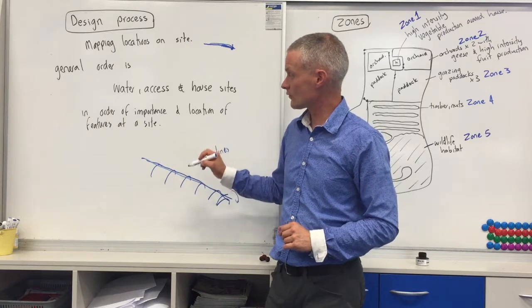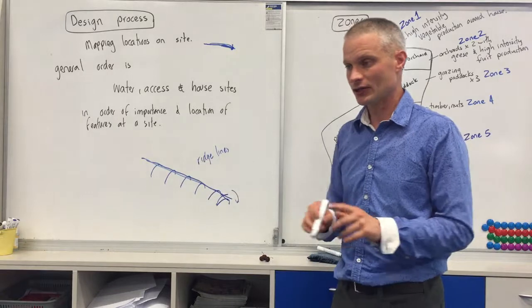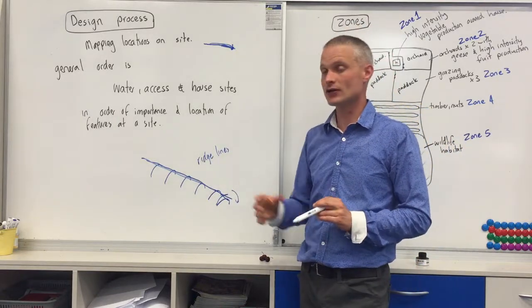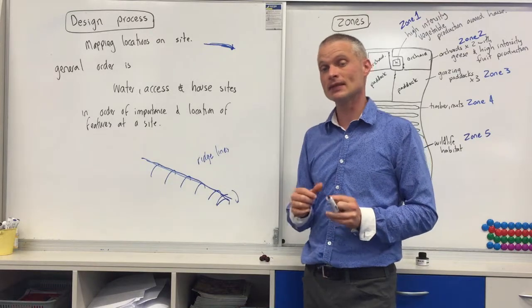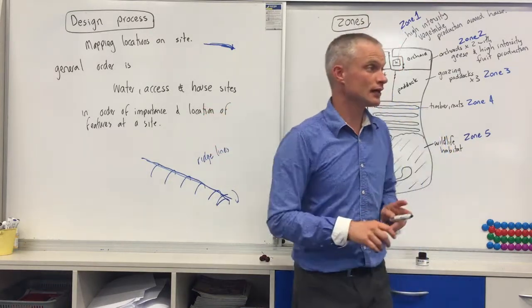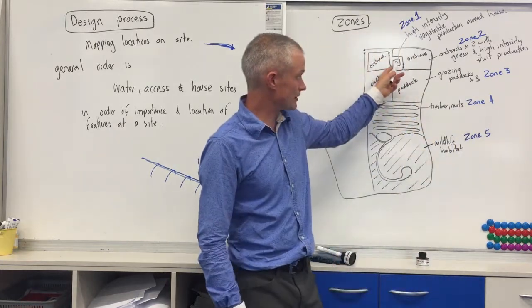The other thing is location of the house site. So once you have an idea about the location of the site, where would it be best located as far as protecting it from winds, giving it the best access to the most productive zones, giving it good access to roading. So for example, here's the house site here.